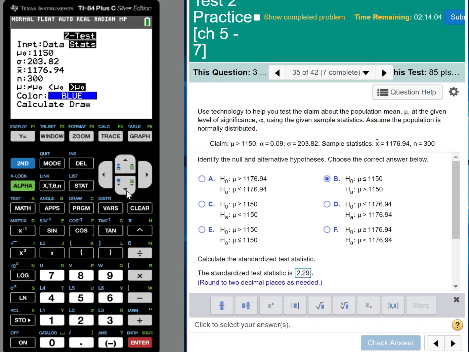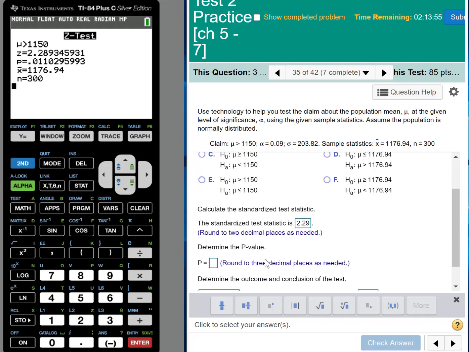Now it is selected. There you go. So Z is 2.29 and the p-value is, now the p-value was too big. P-value can't be that large on the previous screen. 0.0110. How many decimal places? He says 3, so 0.011.